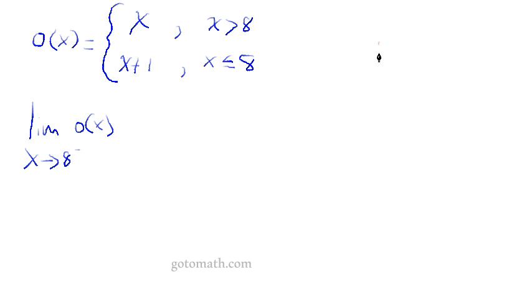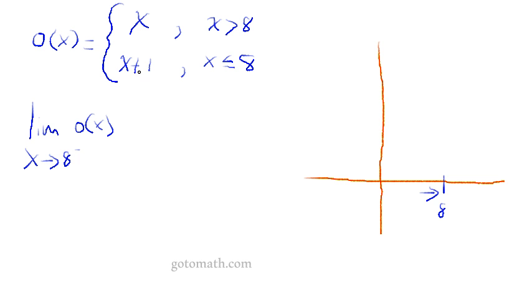Let's sketch out a graph over here. We are approaching 8 from the left hand side, so let's say this is 8. So we're coming in from this direction, so we're only interested in the graph that's on this side of 8, and that's going to be this guy right here, because it says that its domain is less than or equal to 8.